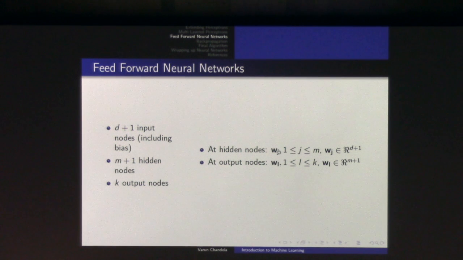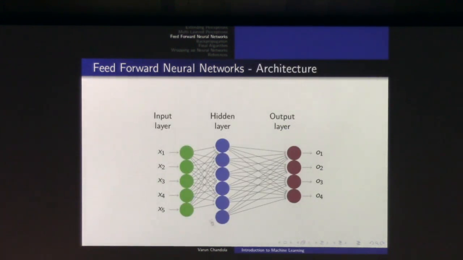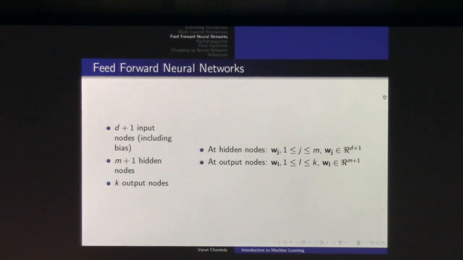And for each hidden node, actually you have M hidden nodes with weights, because the bias node doesn't really have weights, it just sends out a 1. That's the job of that node. So you have M hidden nodes for which you have weight vectors, and you have K output nodes where you have weight vectors, right? So the hidden node weight vectors will have dimensionality D+1.